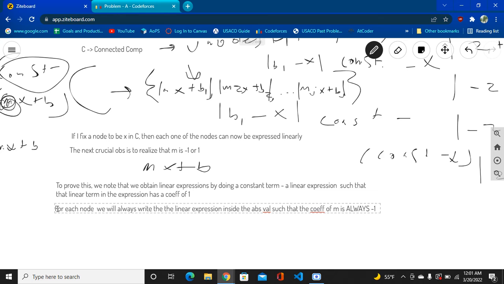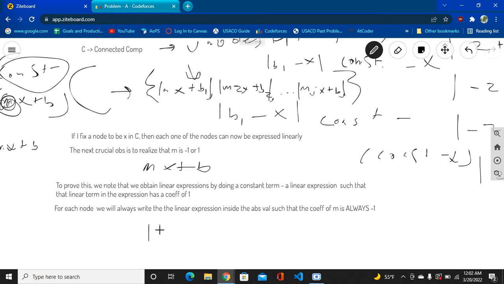And you'll see why we do this, but just hang on, right? So we always write it as this, because we will always be able to do this. Even if m was positive 1, we just multiply it by negative 1, and we're still going to have the same thing.